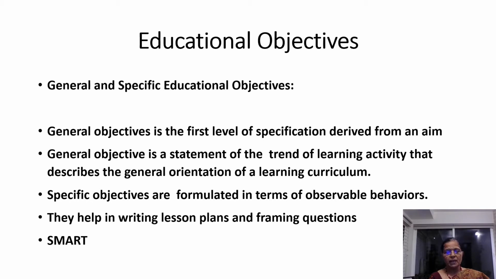So when you mention any specific objective, you should know what the outcome behavior is going to be. After teaching, what can we expect from the learner? What change in the behavior can we expect? So those are the specific objectives, and they are narrower when compared to the general objectives.